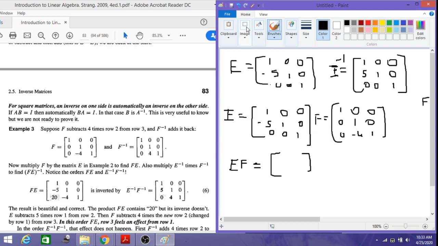So when you do this, what is the matrix that we'll get? We'll get 1 0 0, then 1, then here minus 5, then 1 0.